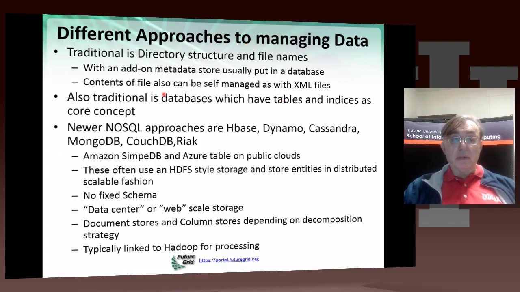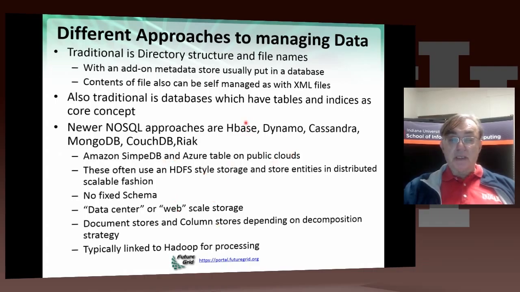Of course, we can also use databases, which are a very effective way if your data is presented as tables, and that database can have indices for very fast access. Then we have these newer NoSQL approaches we sketched before: HBase, Dynamo, Cassandra, MongoDB, CouchDB, Riak, Amazon SimpleDB, and Azure Table, this type of system on the public cloud.